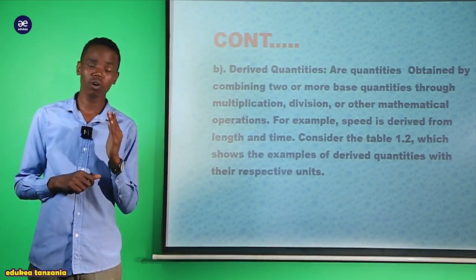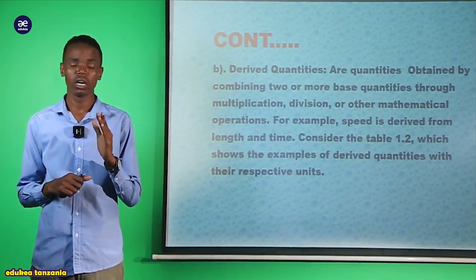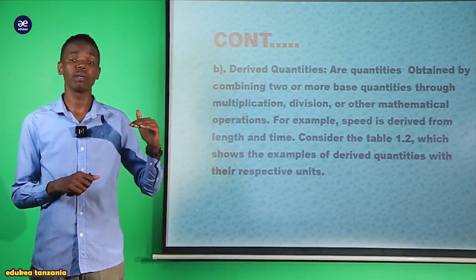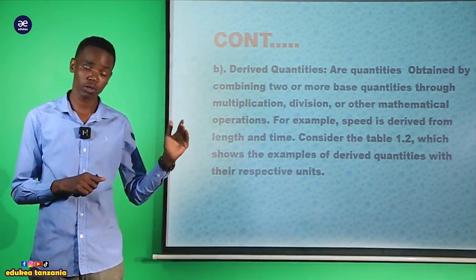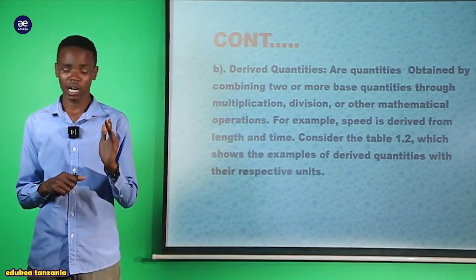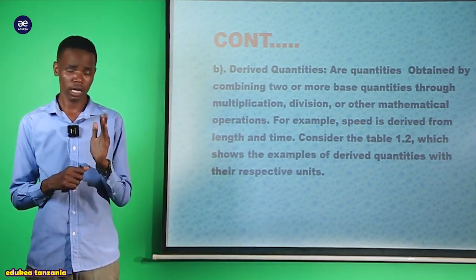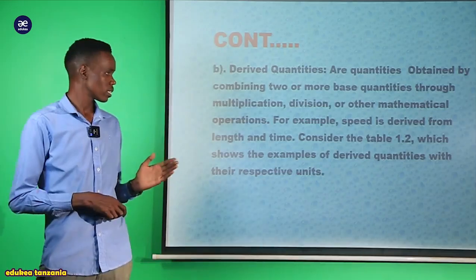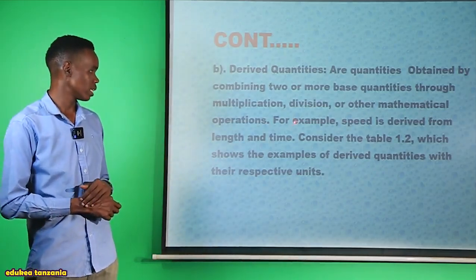These mathematical operations, my dear student, we learned in mathematics. Tuliona kwamba zile operation, the basic operations are addition, multiplication, subtraction, and also the division. So after there, let us proceed reading our statement here.